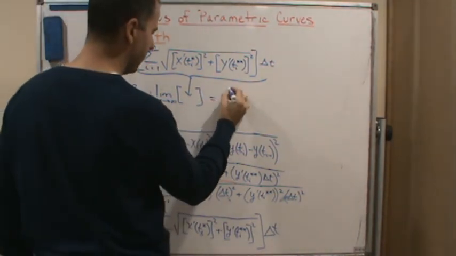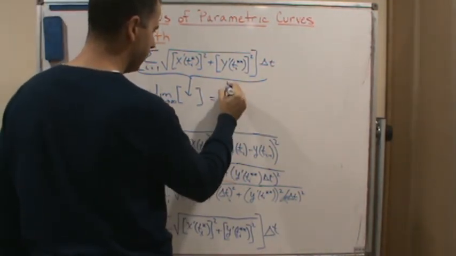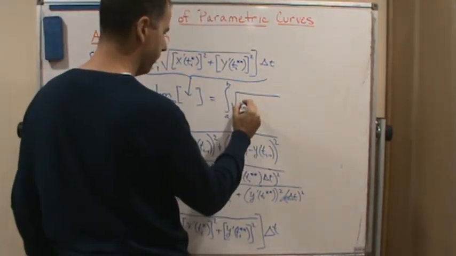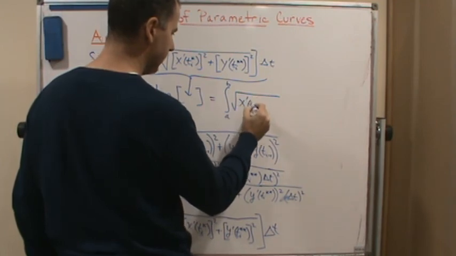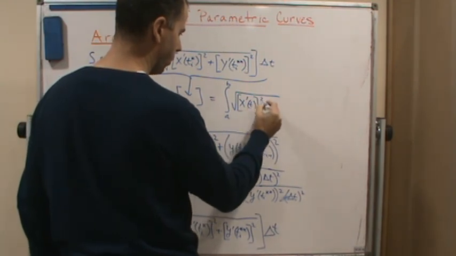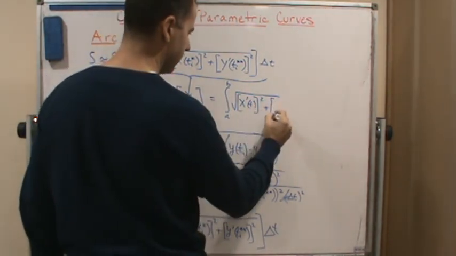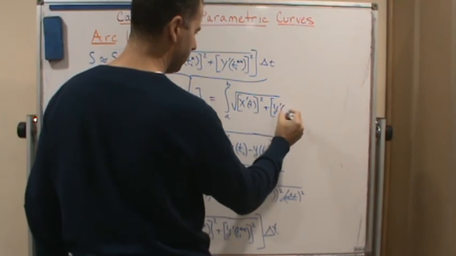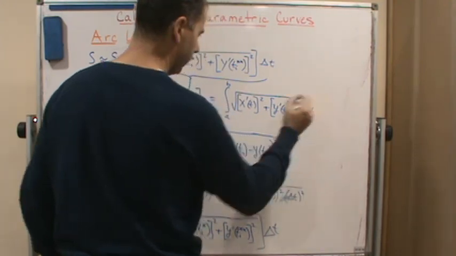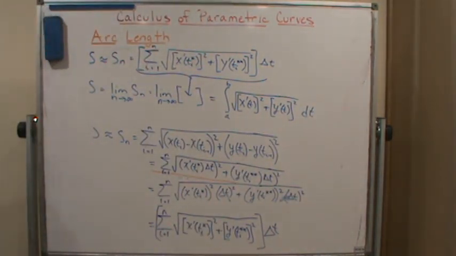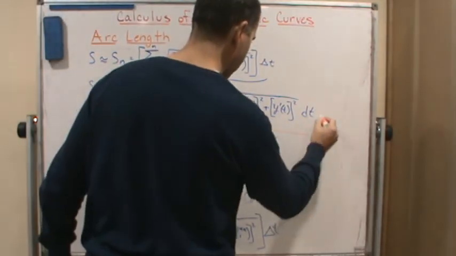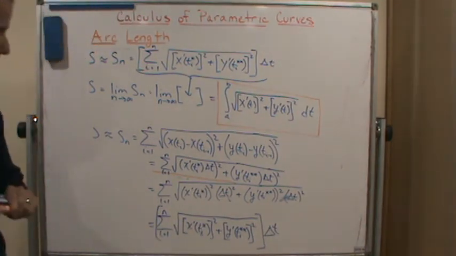So this is going to give us the integral from a to b of the square root of x prime of t, quantity squared, plus y prime of t, quantity squared dt. And that is our final result of everything.